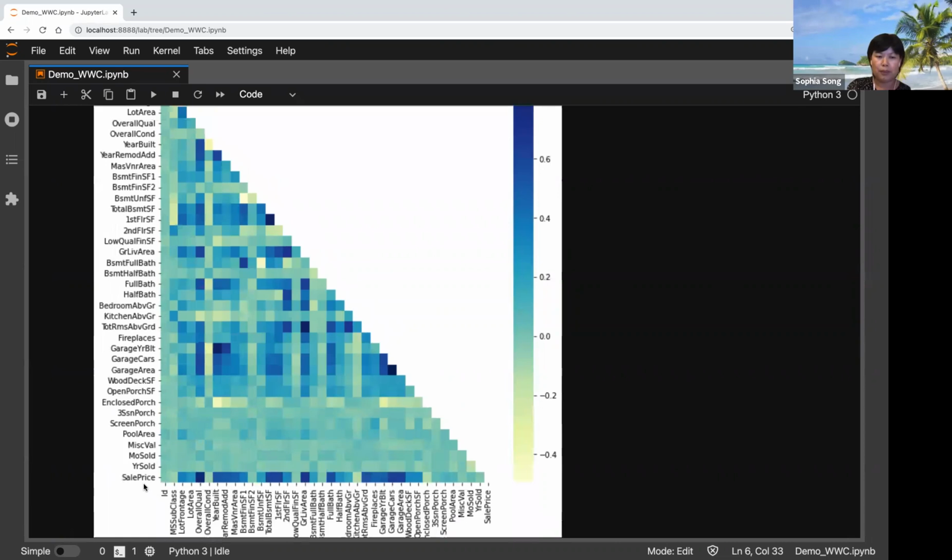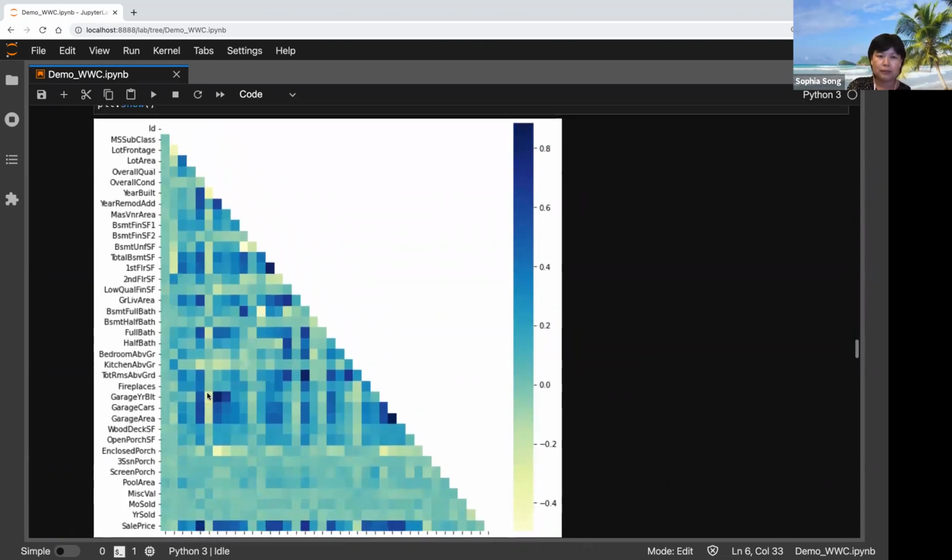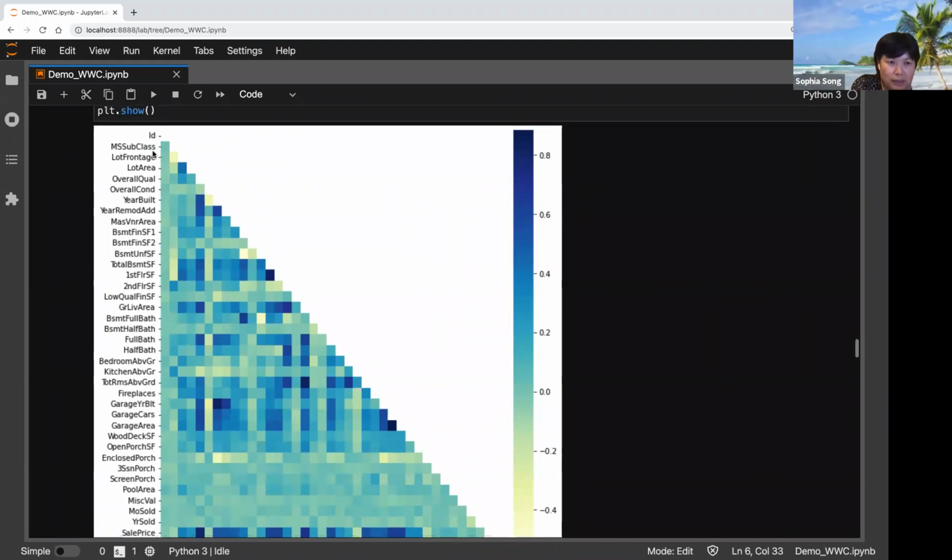For example, we can see the year built and the overall condition, and based on this color we can see the correlation relationship between variables.